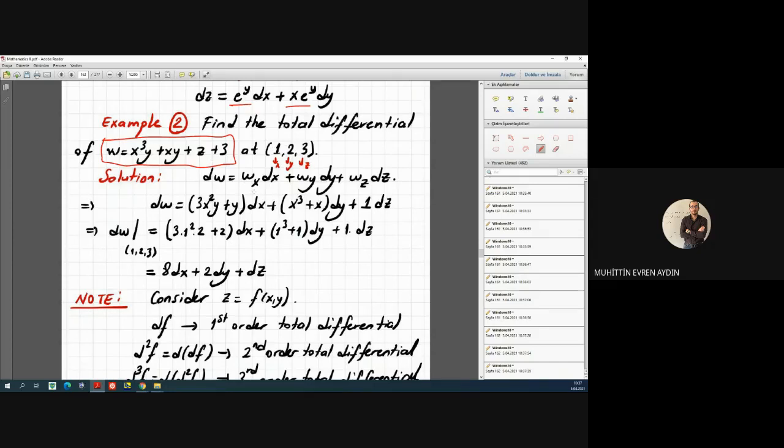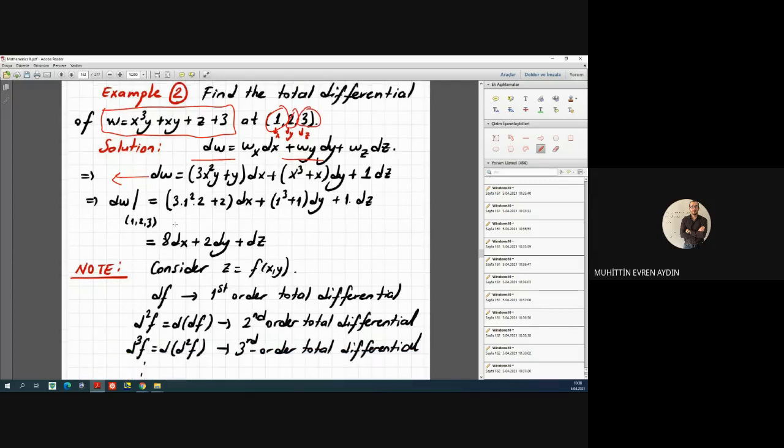So we need to take derivatives of first order. We have a polynomial function which is simple, and we find this. If we replace x with 1, y with 2, and z with 3 in this equality, then we obtain 8dx plus 2dy plus dz, which is the solution.